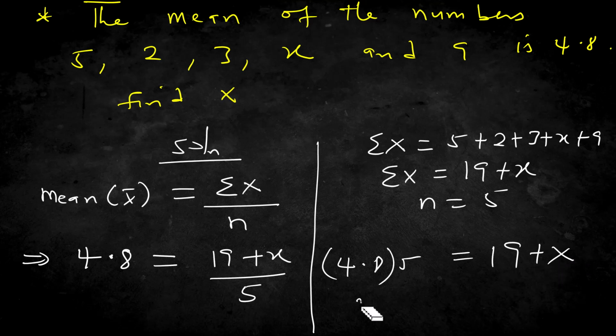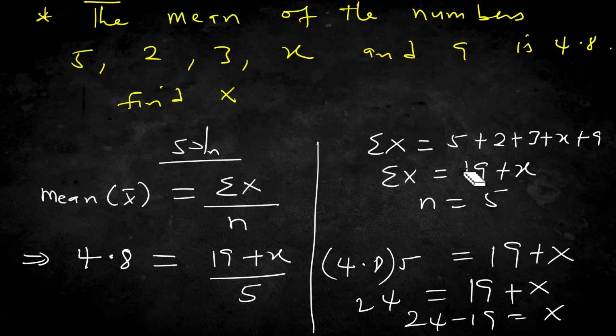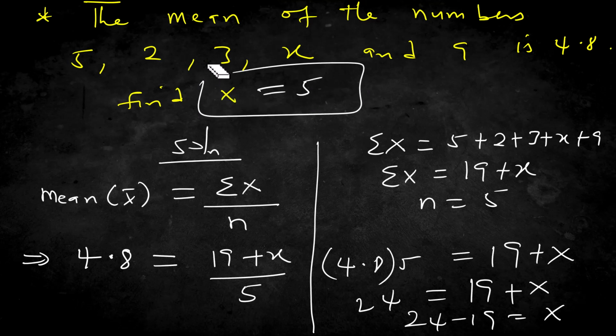So we have 24 equals 19 plus x. When we subtract 19 from 24, that would be x. Therefore, x is 5. Check: 5 plus 2 plus 3 plus 9 divided by 5 gives us 4.8.